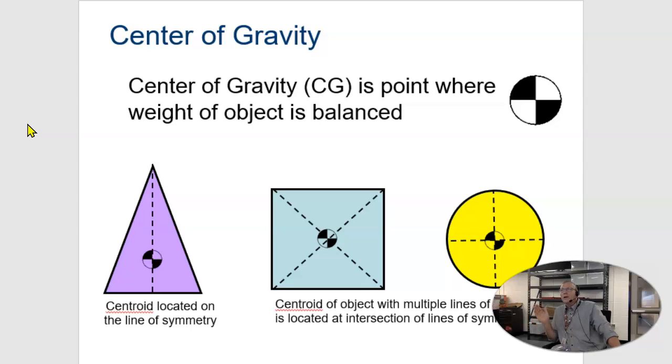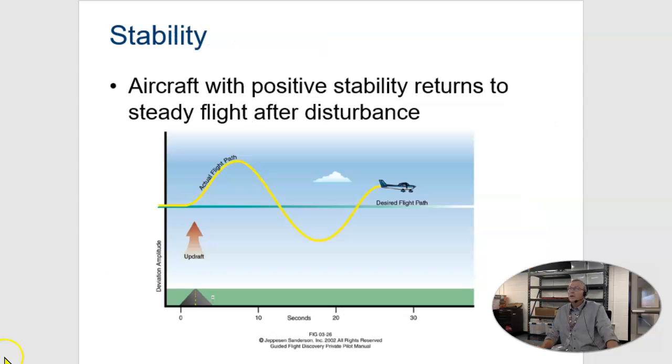If they are not aligned, the flight will not be stable. So you want the center of gravity, which is indicated by this symbol here, to be lined up vertically with the center of lift. If they are off from each other, you will not have stable flight.